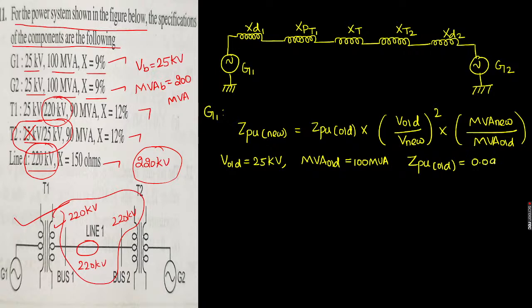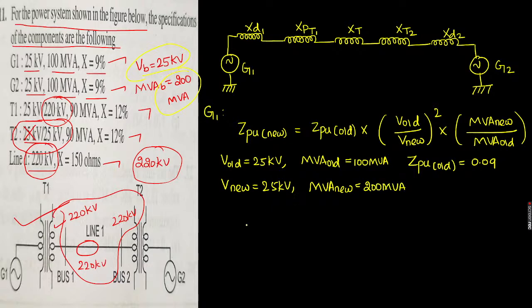It means in per unit it will be 0.09. Now what about the new values? The new base voltage was clearly specified in the question: 25 kilovolts and 200 MVA. So V new is 25 kilovolts, MVA new equal to 200 MVA.